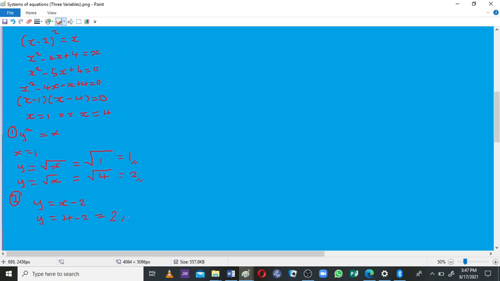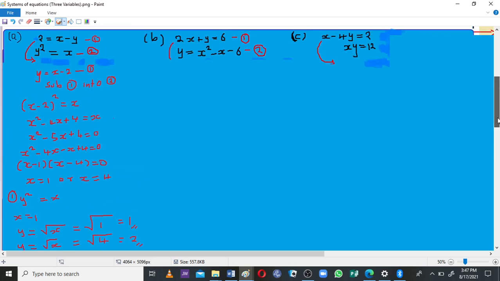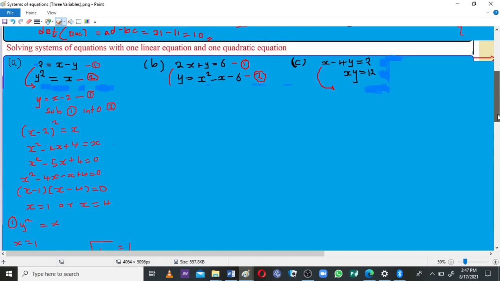Again, if you substitute x by positive 1, minus 2, it will give you y is equal to negative 1. So this is how we solve simultaneous equations using this method.